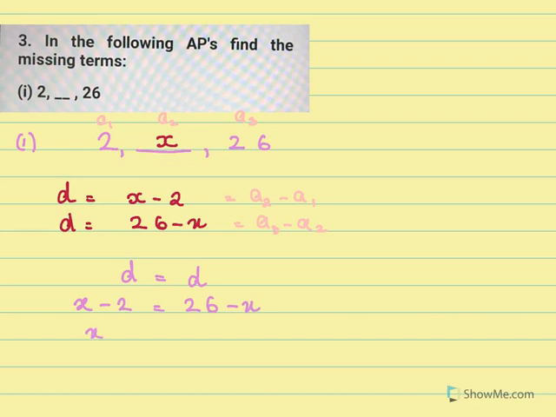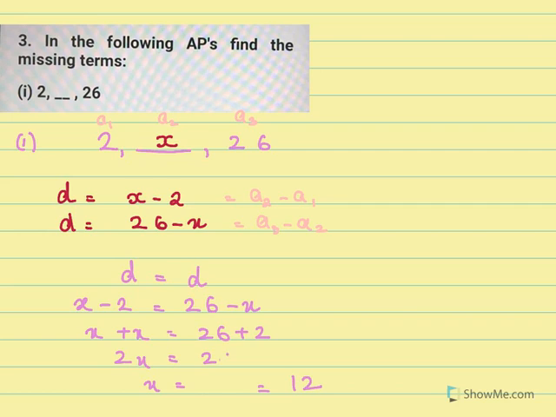And you solve this. So x plus x is 26 plus 2. So 2x equal to 28. Here I did a mistake. This should be 28, this here it's wrong.